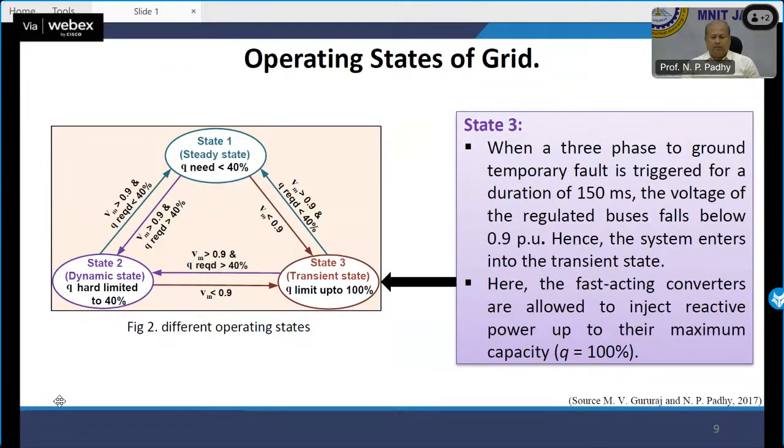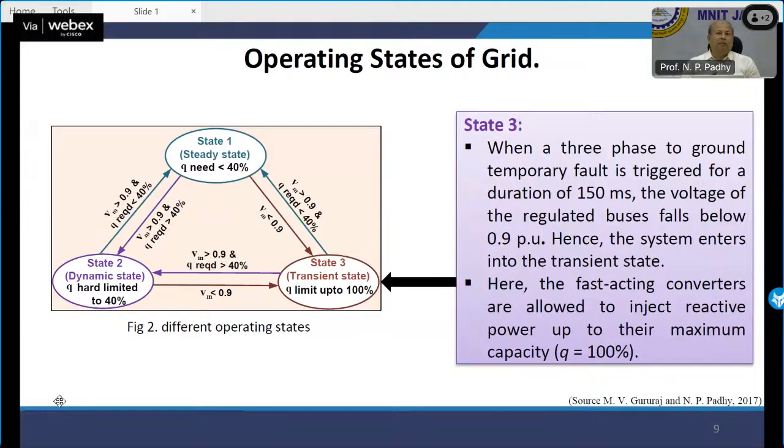The last state, state number three, is very important. This is when a three-phase to ground temporary fault occurs, because a fault is a very common thing in a distribution system, and in a microgrid also. Why is it important? Because isolated, rural or urban microgrids are always prone to faults.